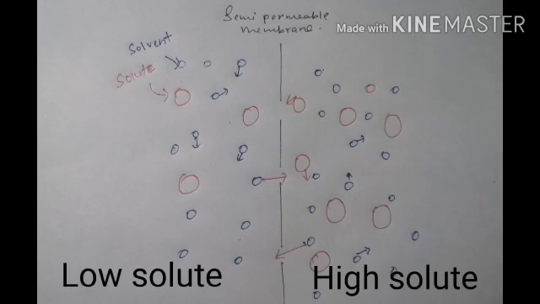The solute is dissolved in the solvent, and so we have a net migration of water molecules from the solution that has a low solute concentration to the one that has a higher solute concentration. This phenomenon we call osmosis.